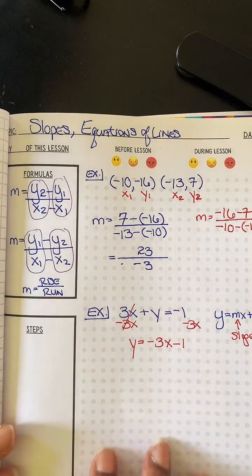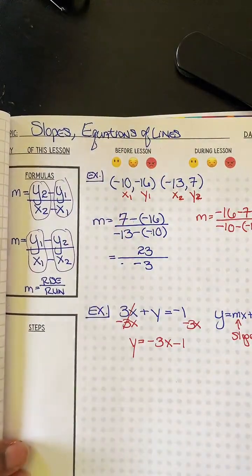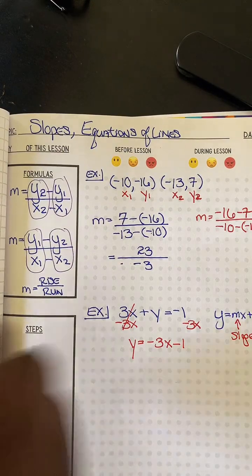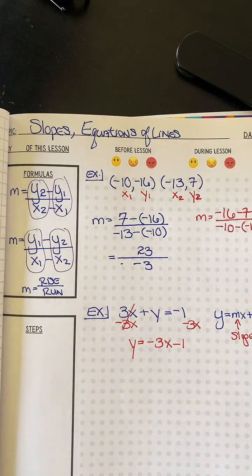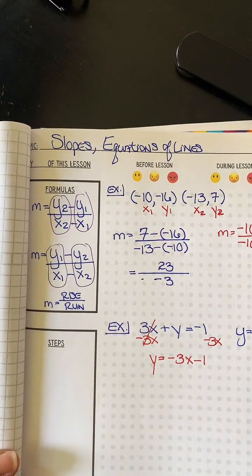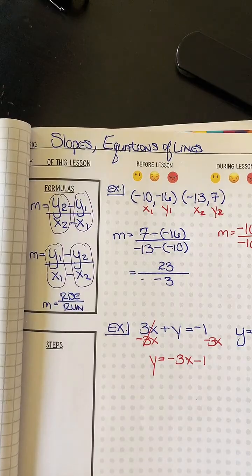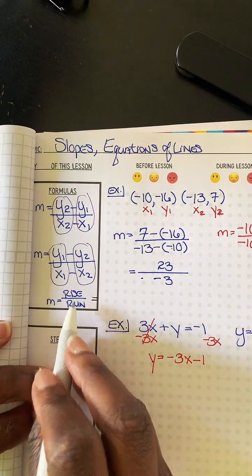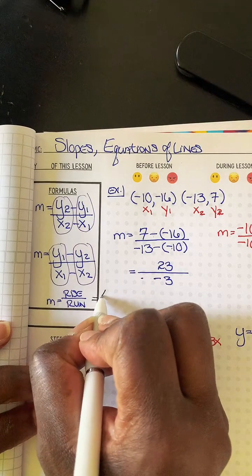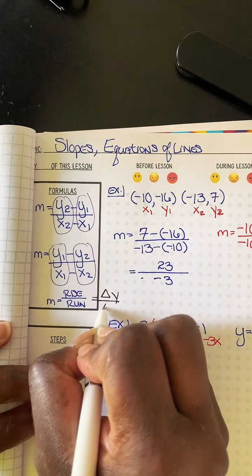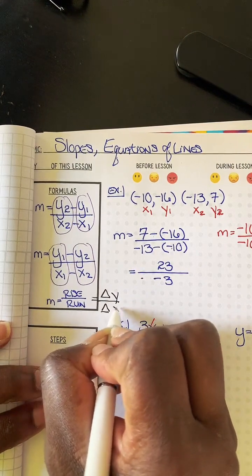But we are still going to be working on slopes and also the equation of the line, which is also called rate of change. Okay, so slopes are also known as rate of change. A lot of us know it as rise over run, but it's basically the change of your y's over the change of your x's.